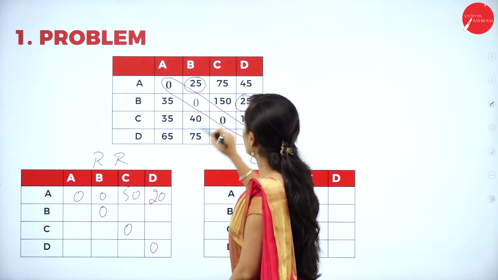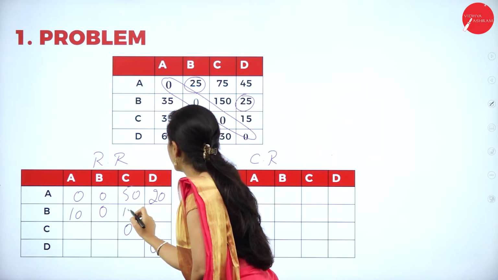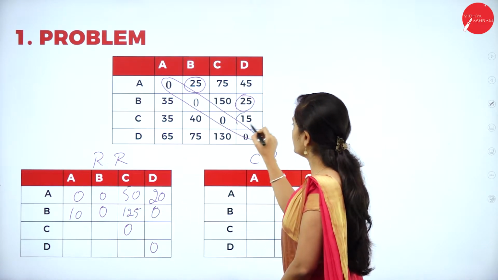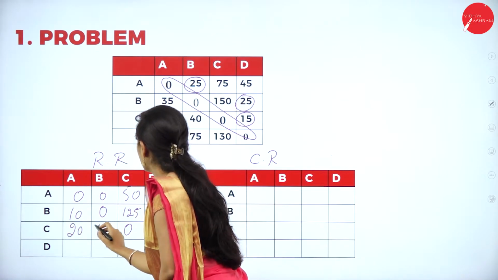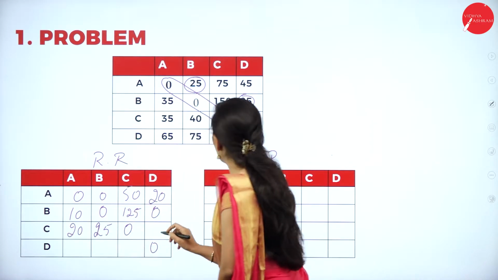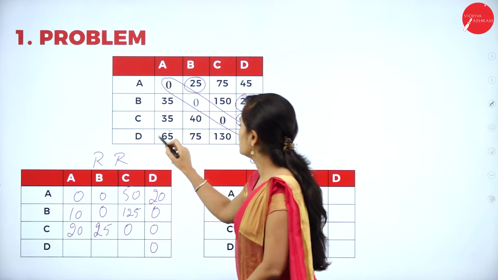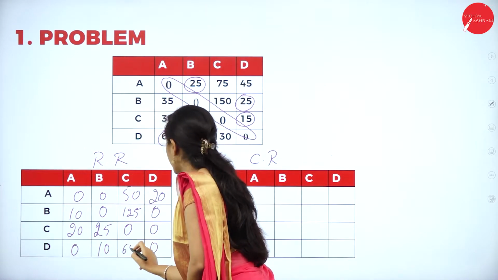In second row, the least value is 25, 10, 125 and 0. In the third row, the least value is 15. So 20, 25 and 0. Last row, least value is 65, 10, 65 and 0.